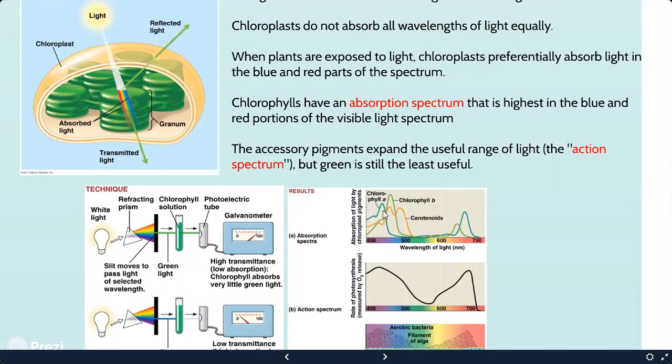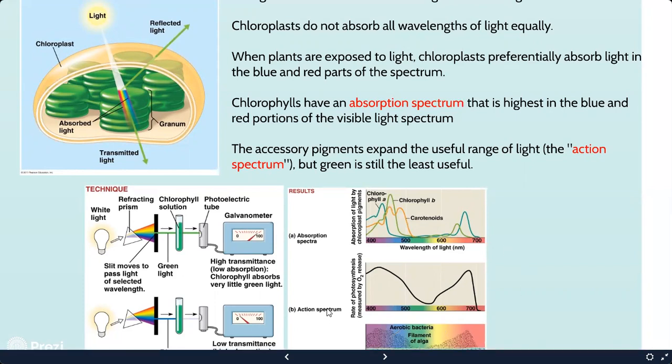It has peaks over here in the blue and the violet, and it has peaks over here in the orange and the red, but it's very low in the green. So it's not absorbing green. And the same with chlorophyll B. Chlorophyll B is shifted a little bit over, but no green. Versus the carotenoid, which reflects all of this. There's none here, but it's really good at absorbing this green and blue and indigo light.